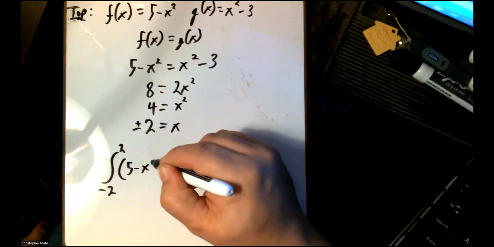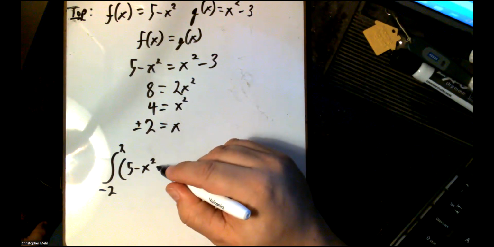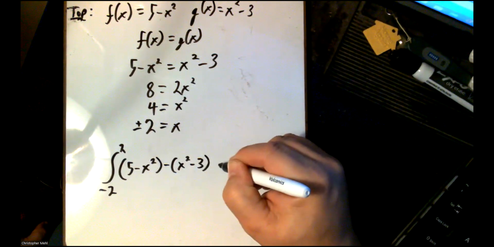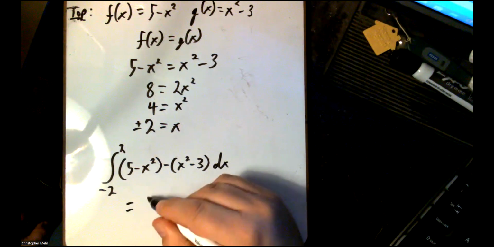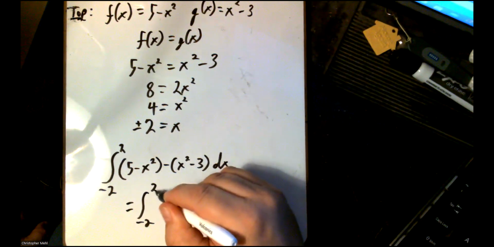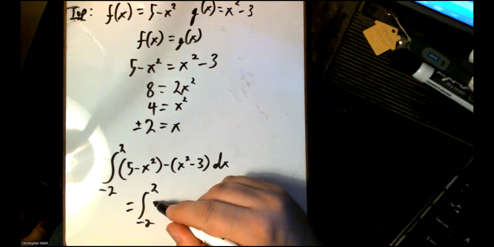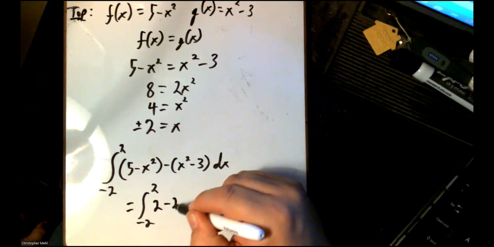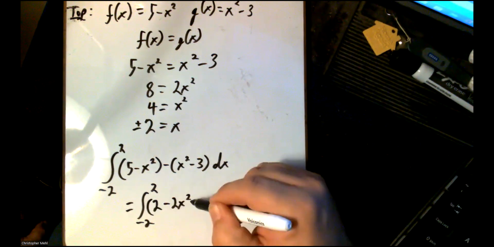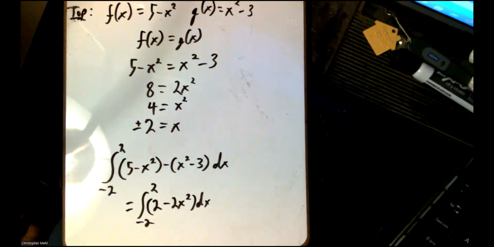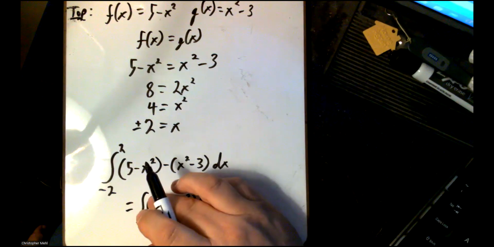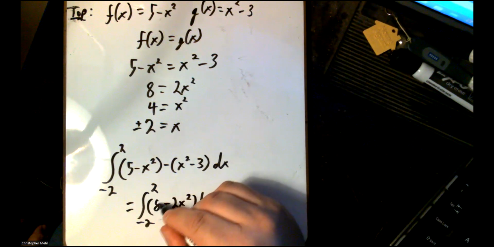So I'm looking at 5 minus x squared minus (x squared minus 3), from minus 2 to 2. Oh, I'm sorry, I messed that up. 5 minus a minus 3, that's actually 8.